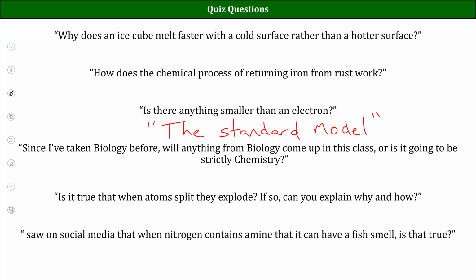Last one: is it true atoms split when they explode? If so, can you explain why and how? Yes, I can. In fact, if we had an extra 2 weeks tied onto this course, we'd actually cover nuclear chemistry in more detail. But for now, just a brief overview. If you look at something like fluorine, fluorine only has one isotope on Earth.